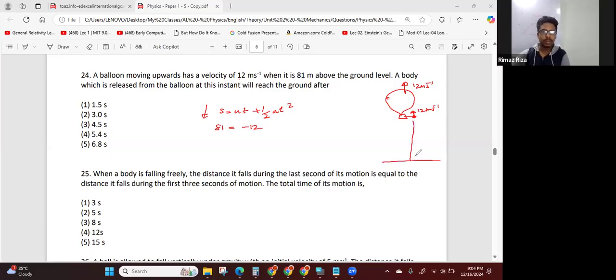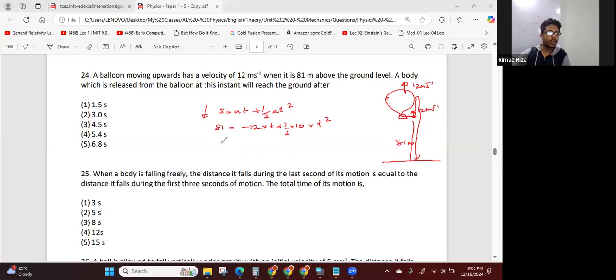And this height is 81 meters. Initially it will go up some height under deceleration due to gravity and then it falls back to the ground. So when we drop from here, the net vertical displacement is 81 downward. Okay, so minus 12 times t plus half into 10 into t squared.